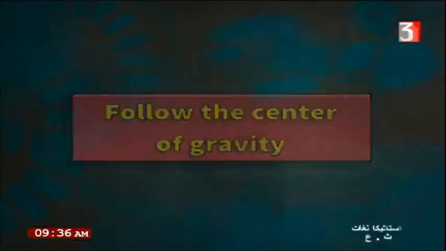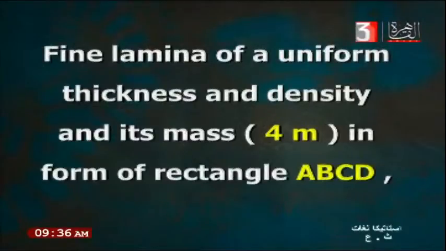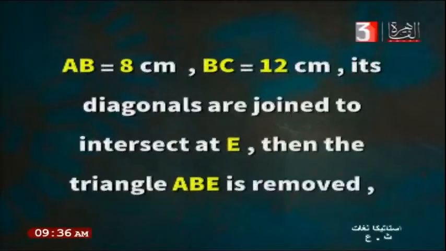Look at this example. A lamina of uniform thickness and density, and its mass M, in the form of rectangle ABCD. AB equals 8 centimeters, BC equals 12. Its diagonals are joined to intersect at E. Then the triangle ABE is removed.